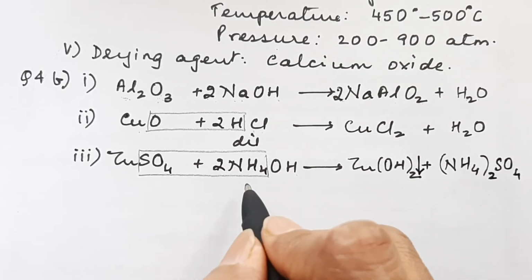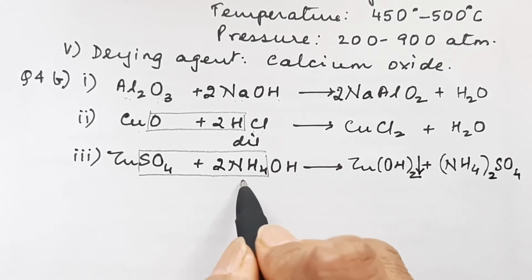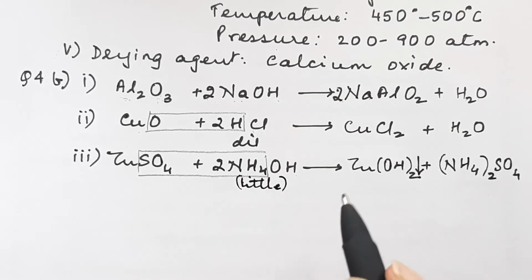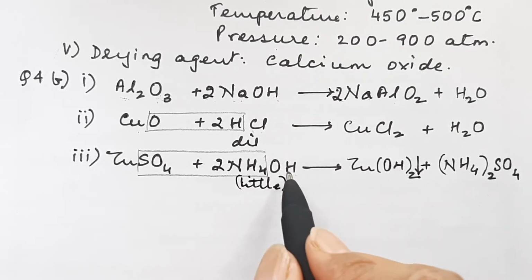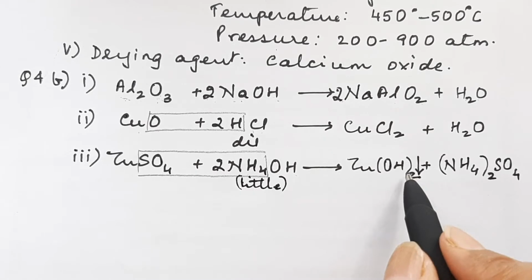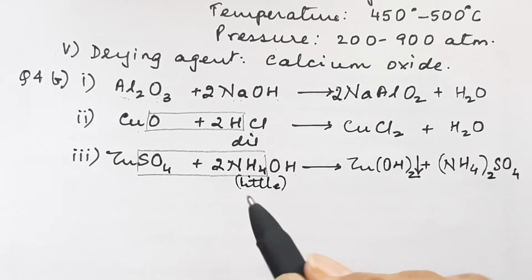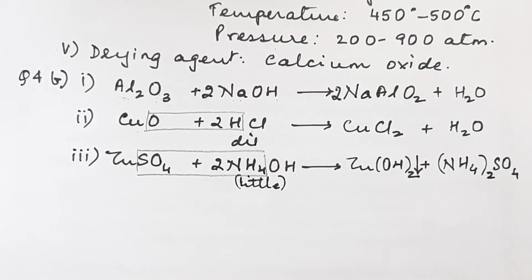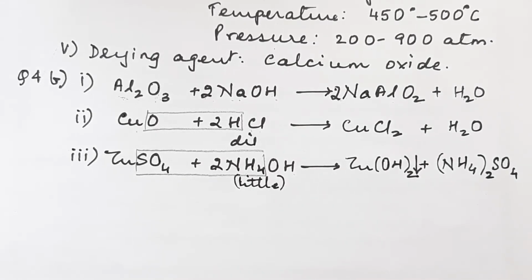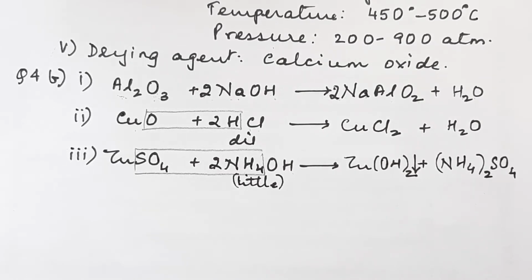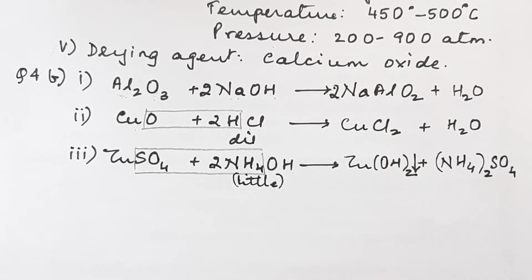Now this is when we have NH4OH little or it is insufficient. Then in the excess we will have Zn(OH)2 plus (NH4)2SO4 plus NH4OH. That is going to give us a complex salt which is going to form a soluble solution. Okay, but as of now this should be enough for our reaction. Nobody's asked us about excess of NH4OH, so let's move on to the next part.